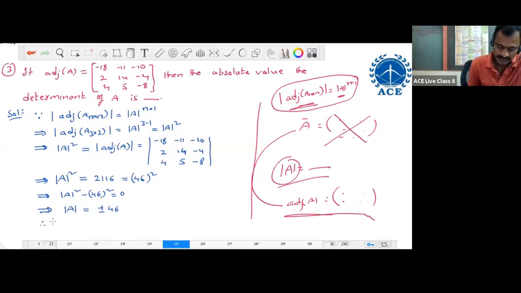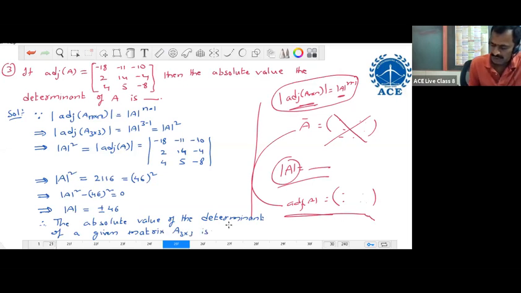Therefore, the absolute value of the determinant of the given 3 by 3 matrix A is plus 46.